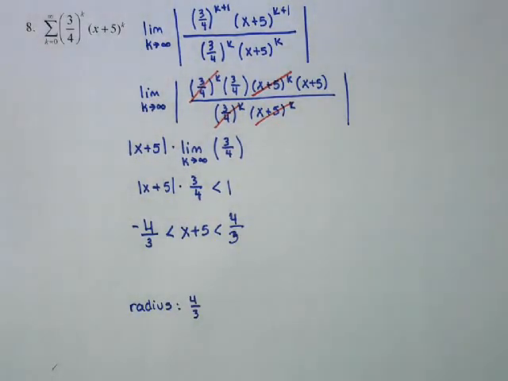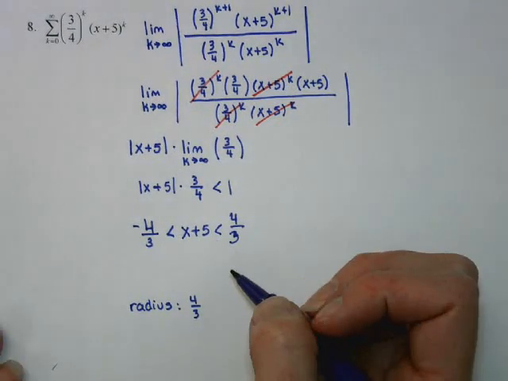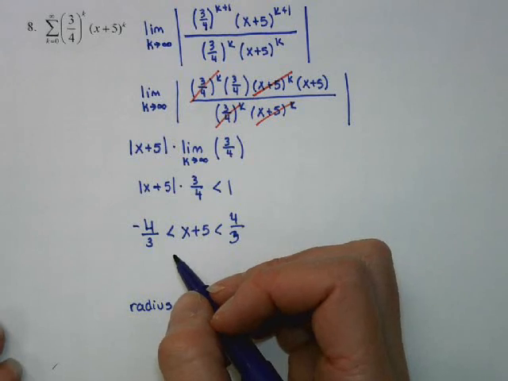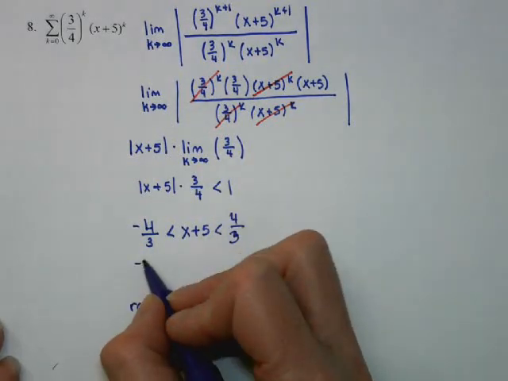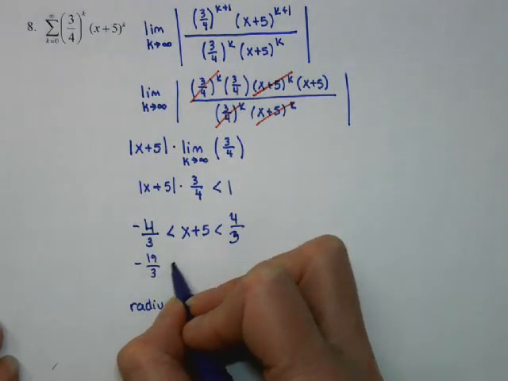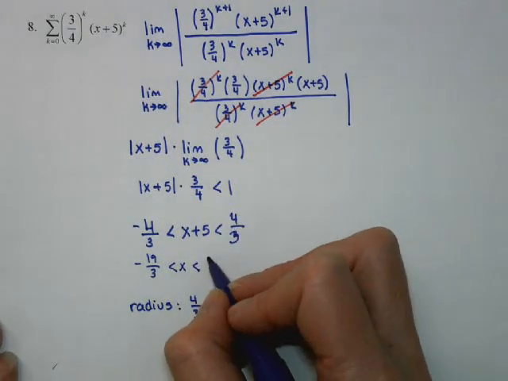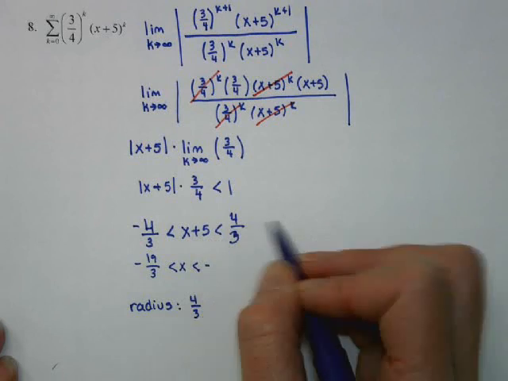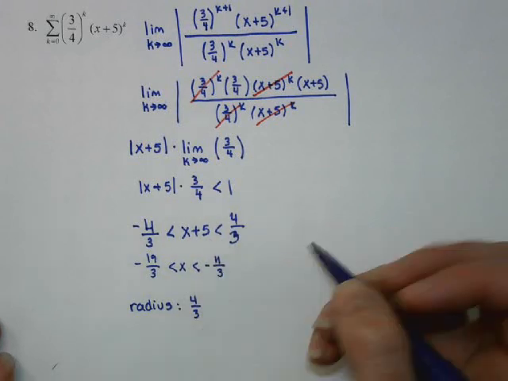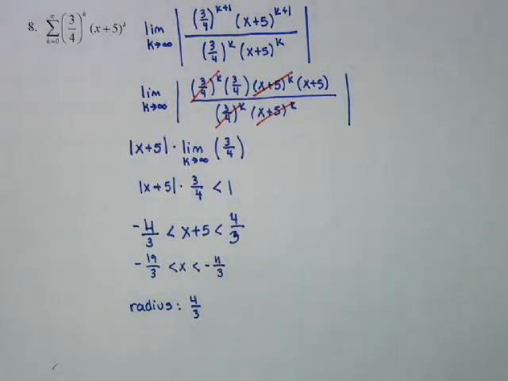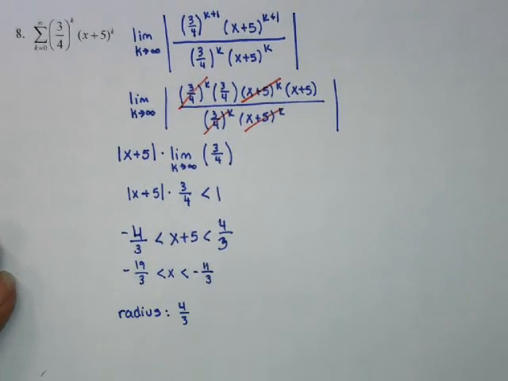And then we're just going to add or subtract 5 from both. So I'm going to subtract 15/3, so −4/3 minus 15/3 is −19/3. And 15/3 minus 4/3 is, or other way around, −11/3. Okay, so then we need to test the endpoints.